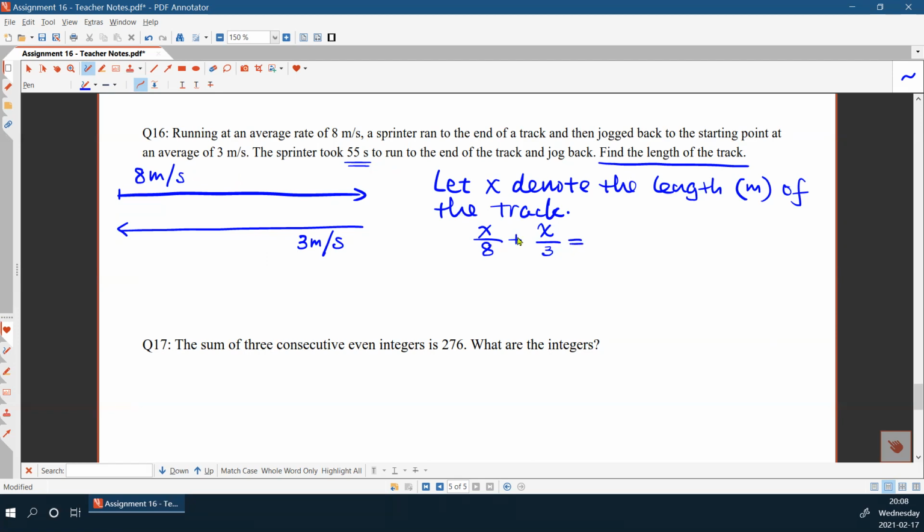And we know that sum of these two times is 55, right? Okay, now all you need to do is to solve for X here.